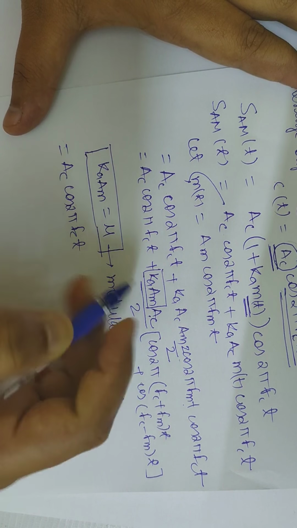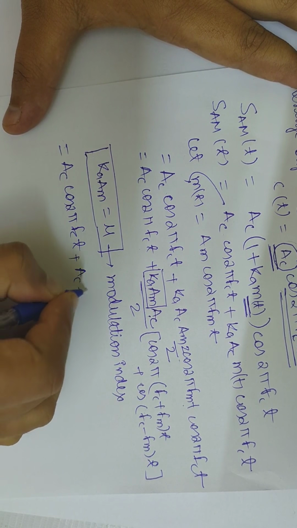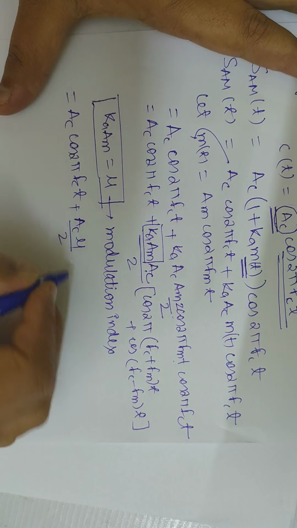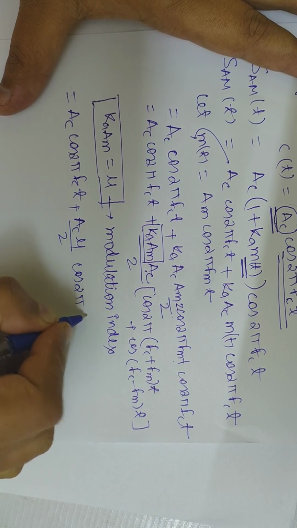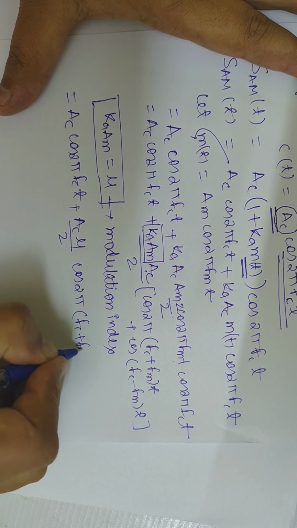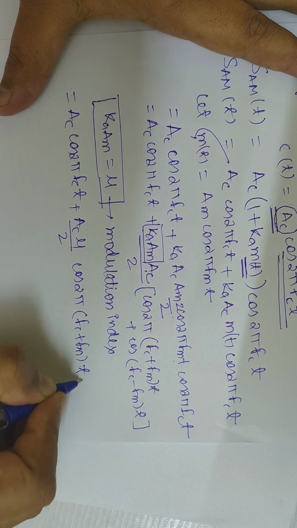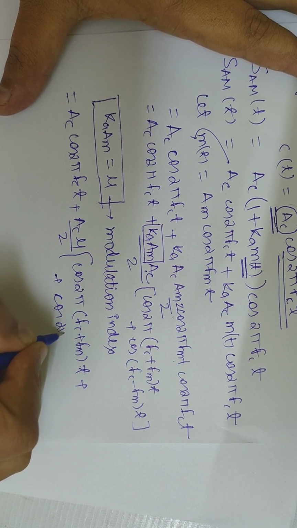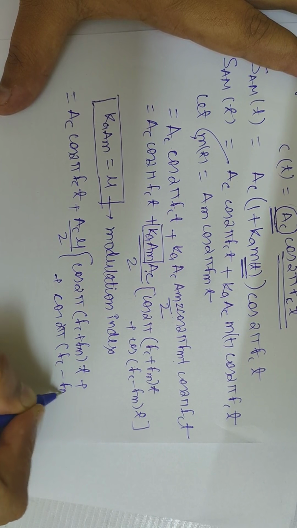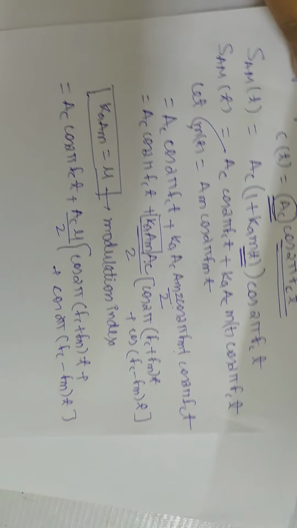In place of Ka Am I am writing mu. Plus Ac mu by 2, cos 2 pi (fc plus fm) t plus cos 2 pi (fc minus fm) t.